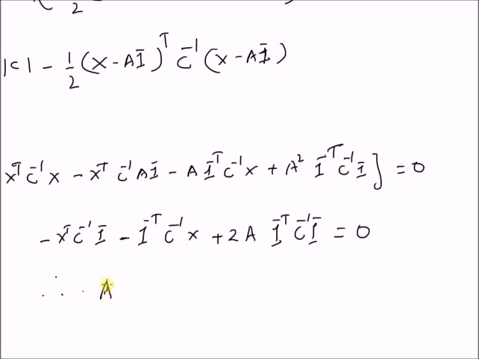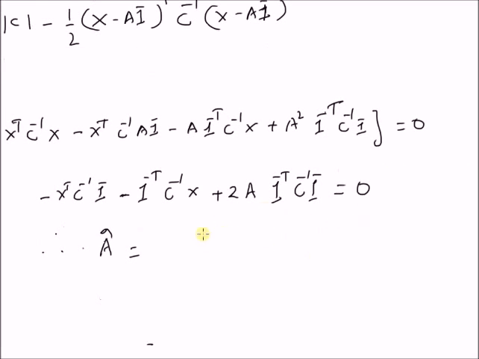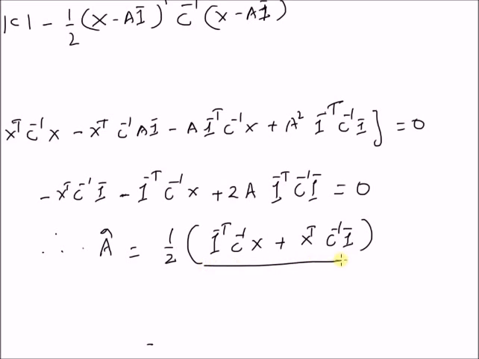Therefore, the estimator A hat is equal to the sum of these two terms divided by this product. Of course, this is 1 by 2 (1 bar transpose C inverse x plus x transpose C inverse 1 bar) divided by the product 1 bar transpose C inverse 1 bar.